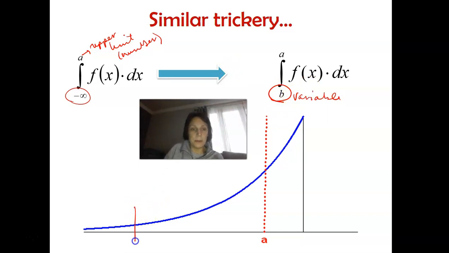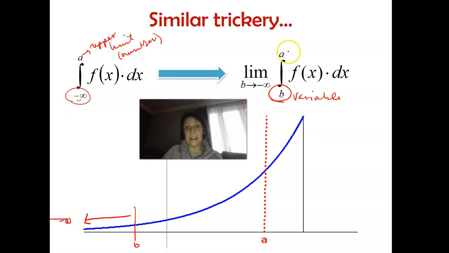So this time I'm putting b out here somewhere. This integral represents the area between b and a. And then I'm going to take b and push it back to negative infinity, which is where I wanted it to be to start with. So I evaluate the integral, and when I'm done, make b approach negative infinity.